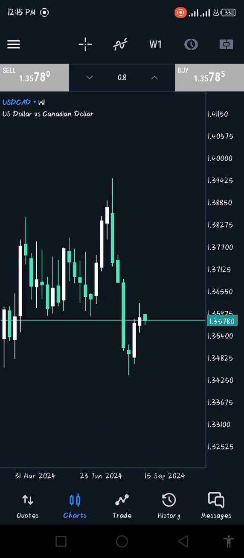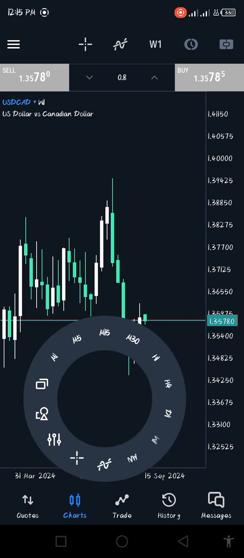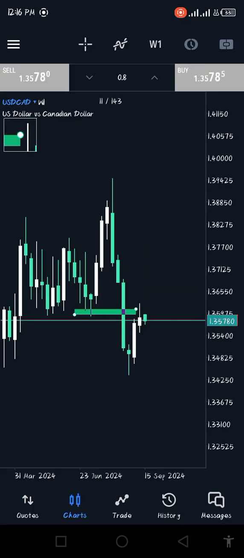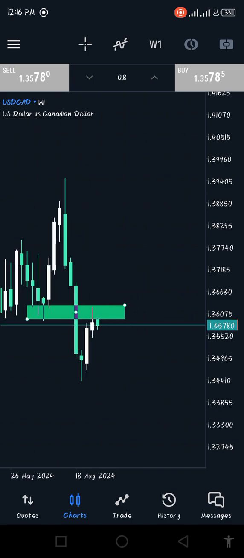So where can we see a major zone in the market on the USD Canadian dollar? This is a major zone. This is a major zone right there, and price actually is reacting off it.